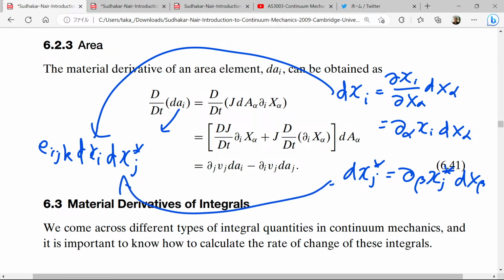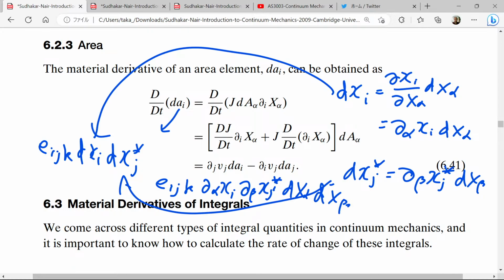Then finally you obtain epsilon ijk, partial alpha xi, partial beta xj star, then dx alpha dx beta. This is what you have.